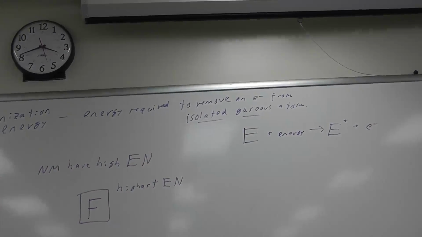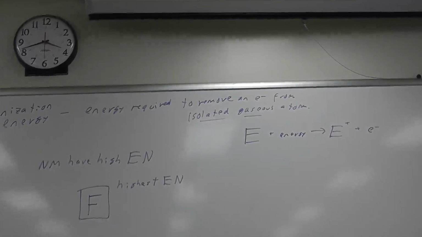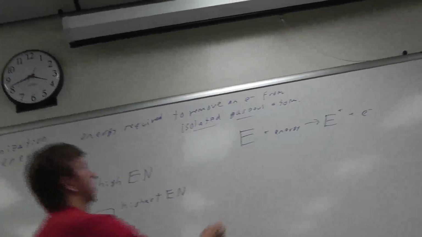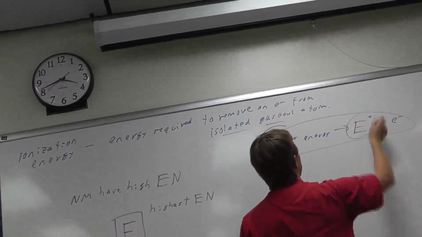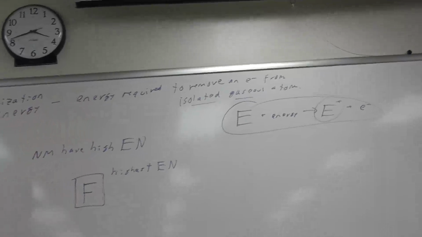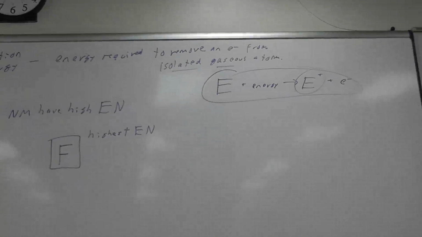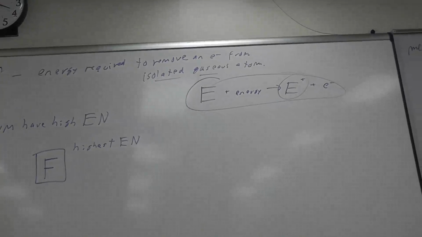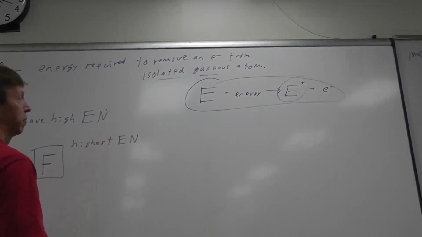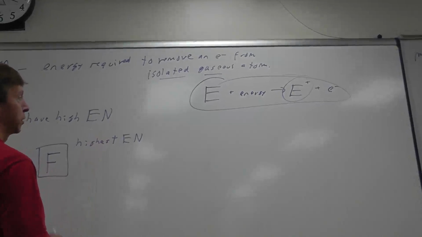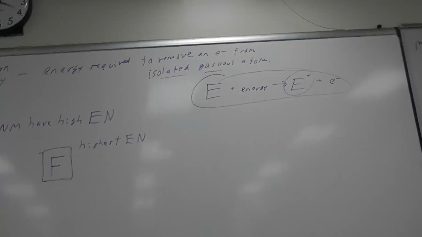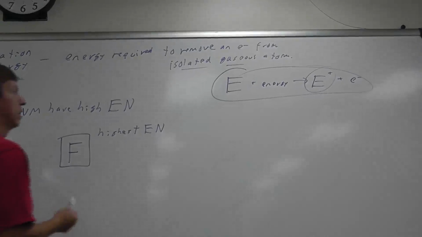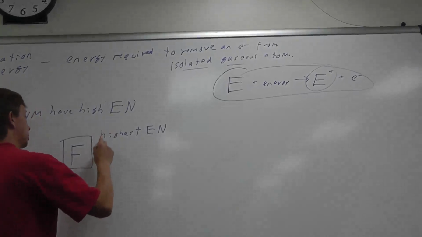Is this process going to be easier for a metal or a non-metal? Who's better at forming cations? Metals. Metals form positives routinely, correct? That's going to be easier for metal. So that's not going to take a lot of energy for a metal. But non-metals are going to fight you for that electron, because not only do they want to keep what they've got, but they'd like to gain more. Stripping one away is going to be difficult. Non-metals have very high ionization energies.